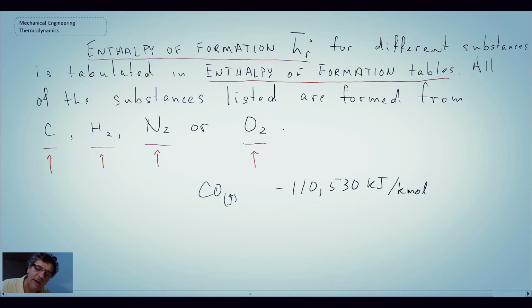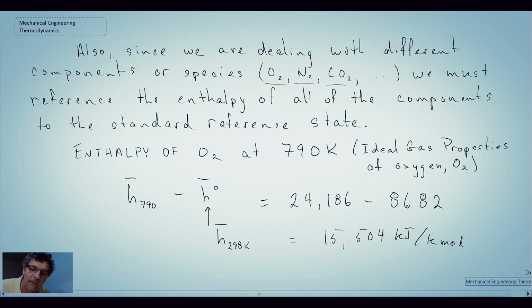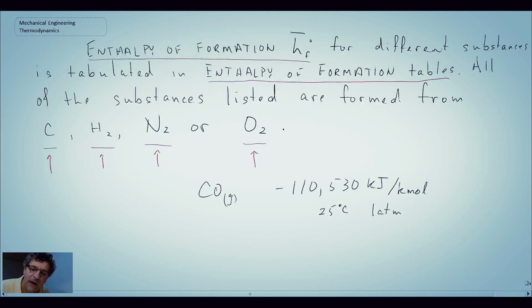Now that would give me the heat of formation value at 25 degrees C and 1 atmosphere. If I had this in an equation that we'll see in a later segment where we're dealing with the first law, I would need to correct that value for the enthalpy at whatever particular temperature we would be dealing with for that substance. That's a correction that we'll see as I work an example in a later segment.